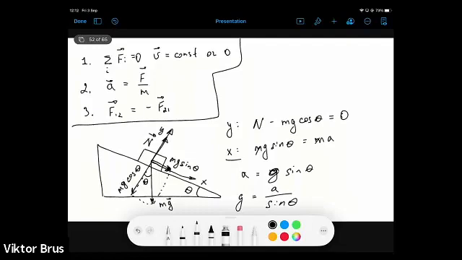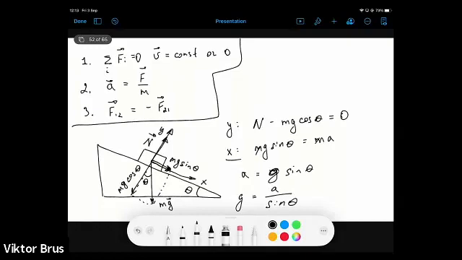So this is a good way to measure accurately the acceleration of free fall, because if we have falling just downwards, this happens quite fast and it's difficult to measure such high acceleration. However, if we use an inclined plane with negligible friction between the body and the plane, then we can use quite a small angle theta.